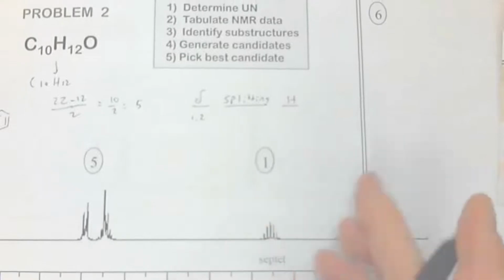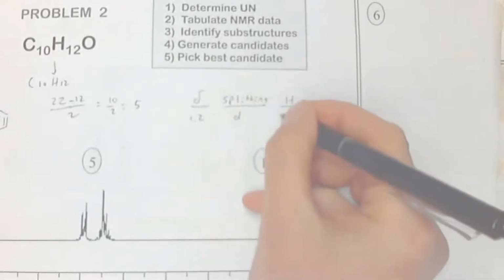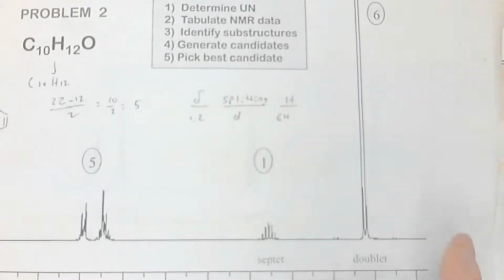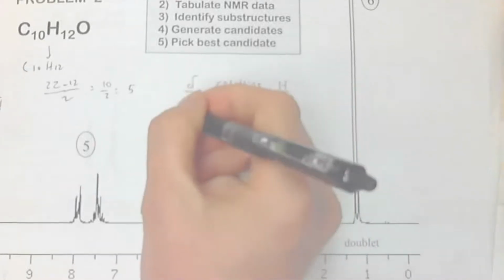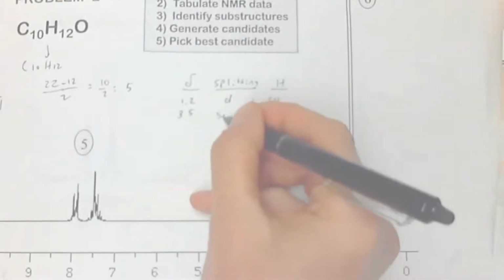Looks like a doublet of 6H, right? 3.5. Remember, all these are on the iLearn as huge PDFs, so you can print them or whatever you want to do. 3.5, right? Septet.